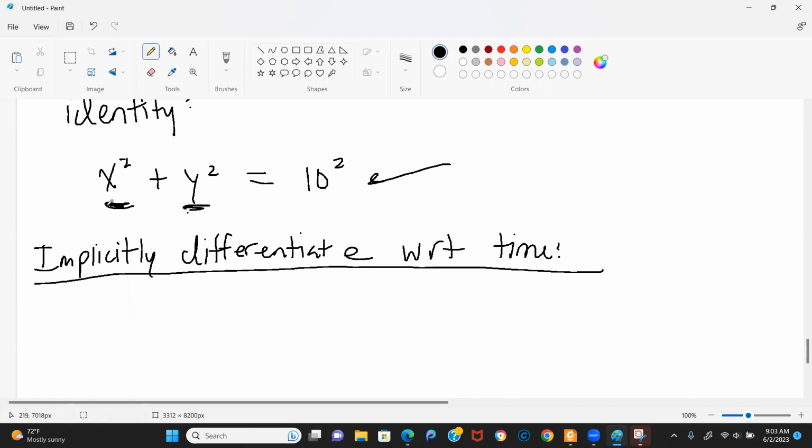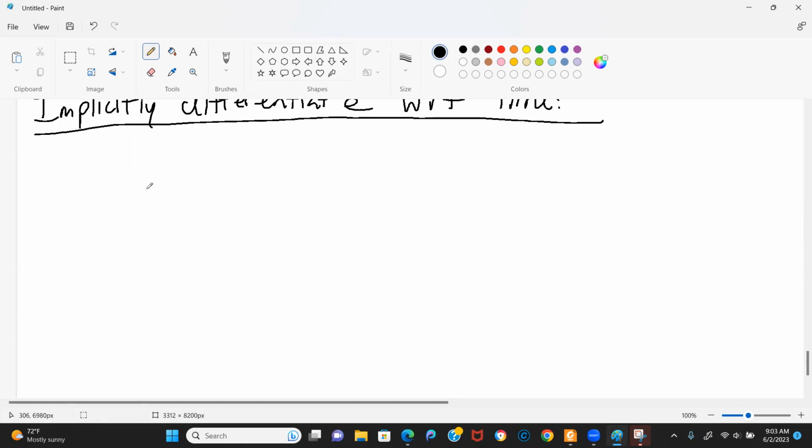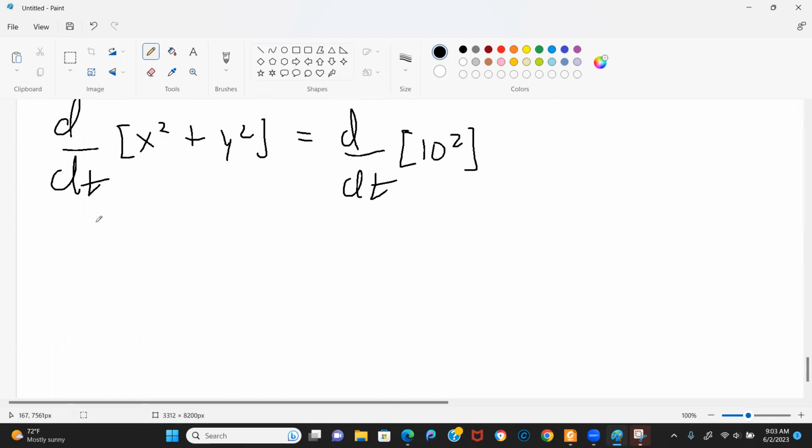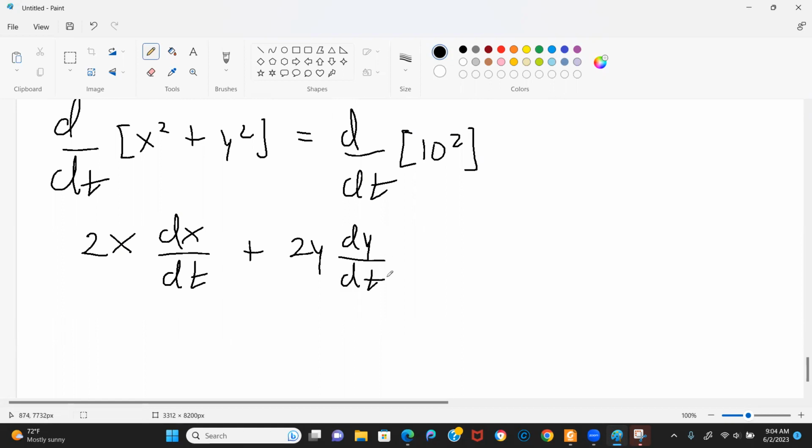We have a composition: x composed with t squared, y composed with t squared. So x and y are inner functions in this case. We're going to apply the derivative operator to both sides of the equation. And the left-hand side is going to be 2x dx/dt plus 2y dy/dt.